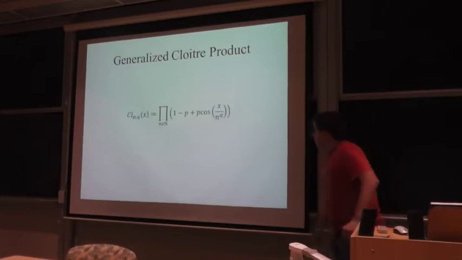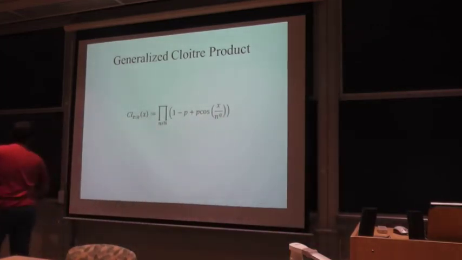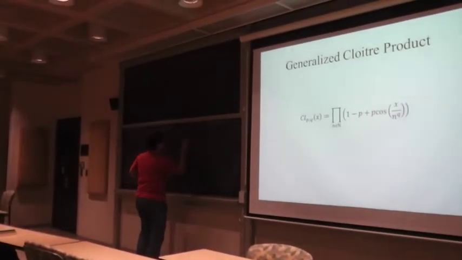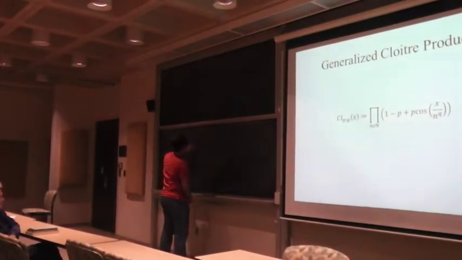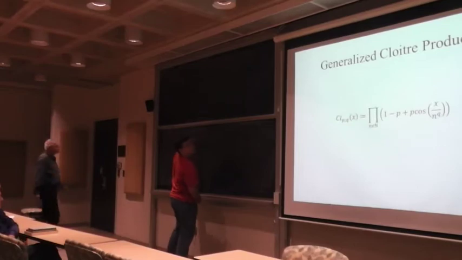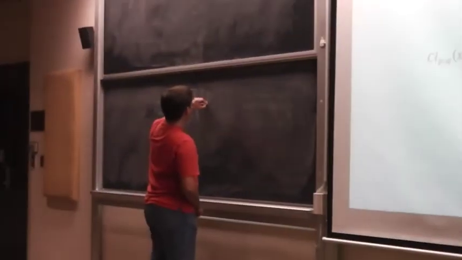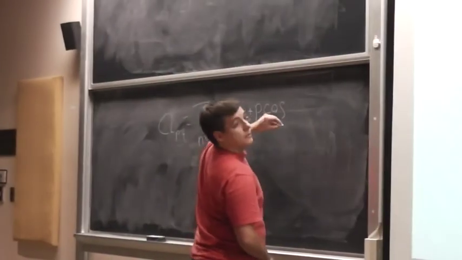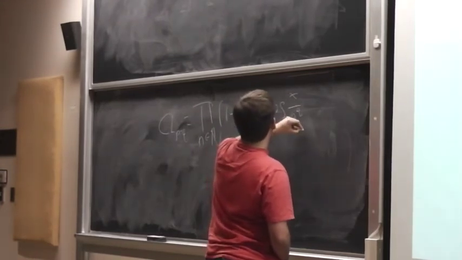So we defined CL_{p,q} to be the infinite product over n of 1 minus p plus p cosine of x over n to the q.